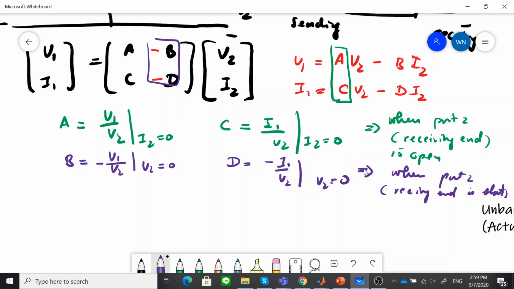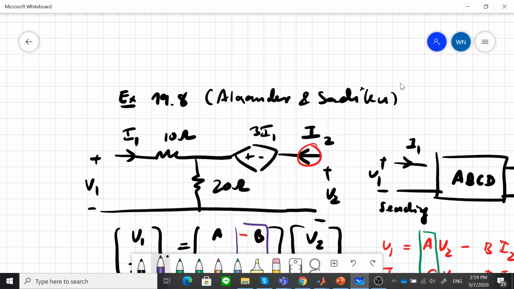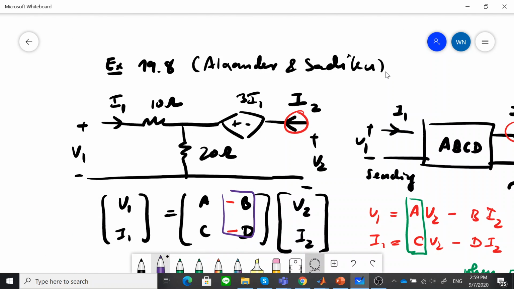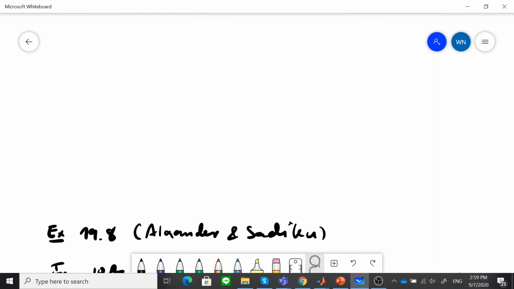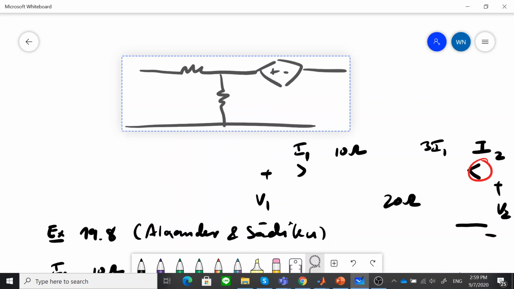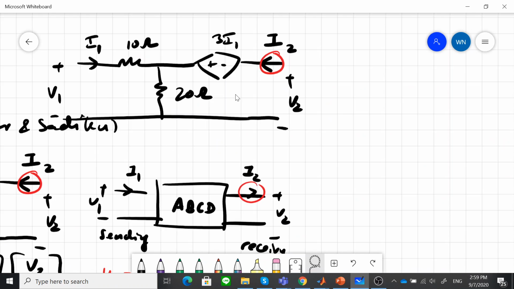All right, so let us consider the circuit. Okay, the circuit is here. If we put the circuit, I'll just put the circuit here. Oops, sorry, I'm not used to this.